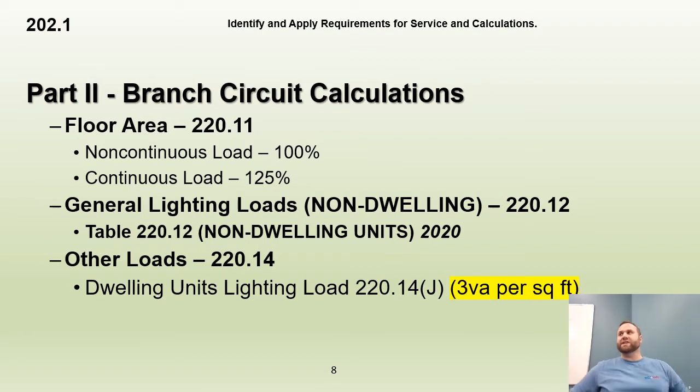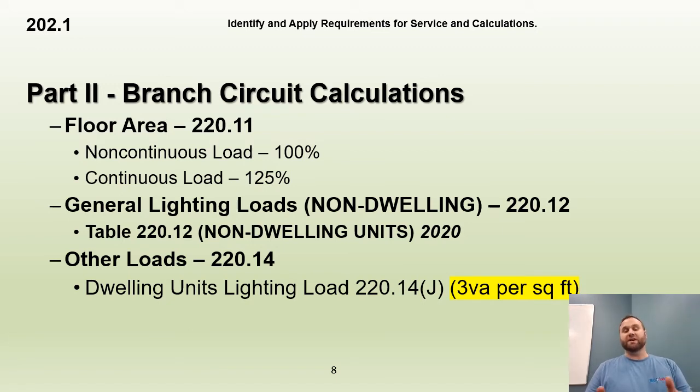This was a change that they made in the 2020 code book. It used to be that dwelling units were part of Article 220.12, specifically Table 220.12. But in 2020, that got moved over to 220.14(J), which is fine.